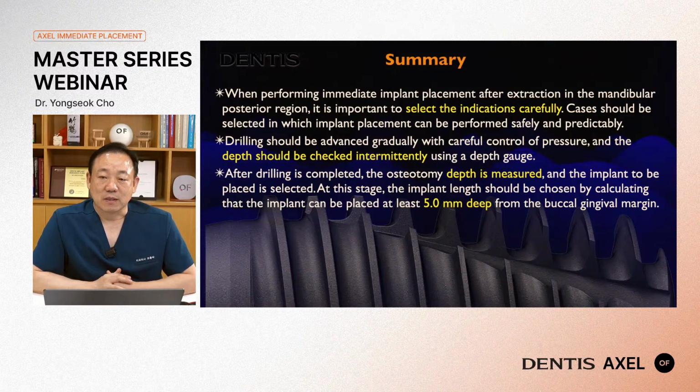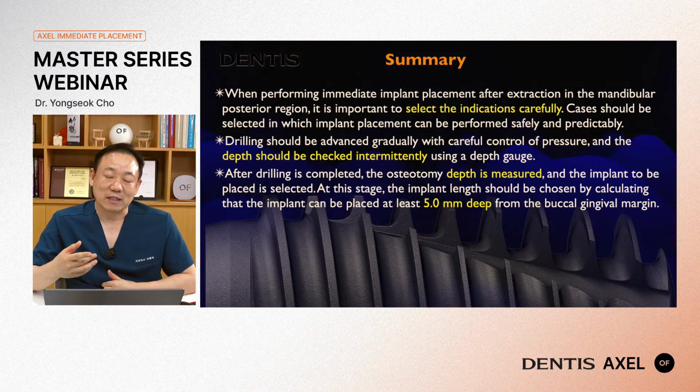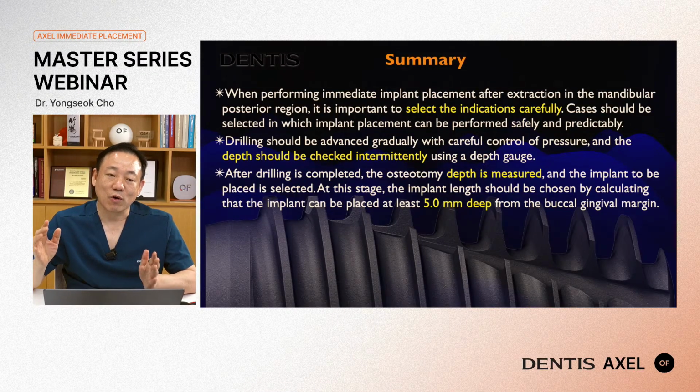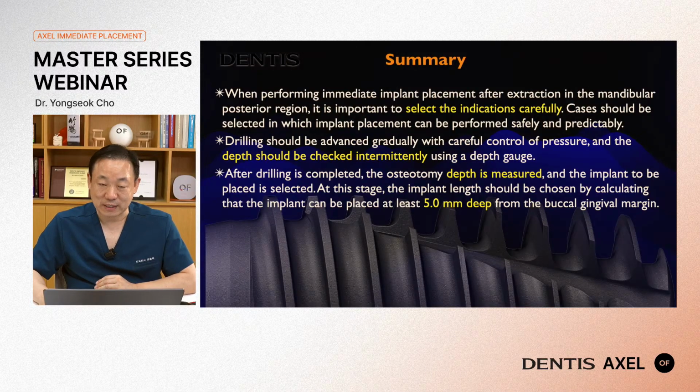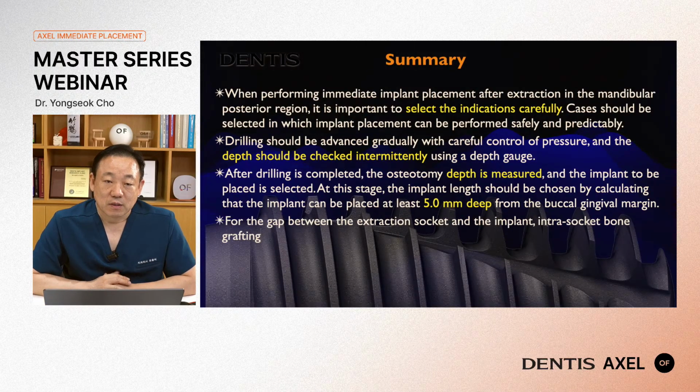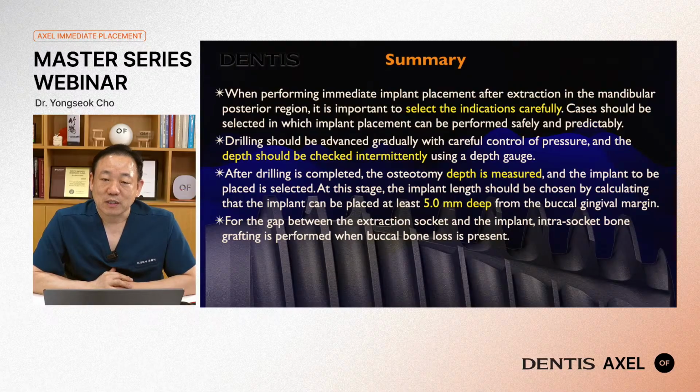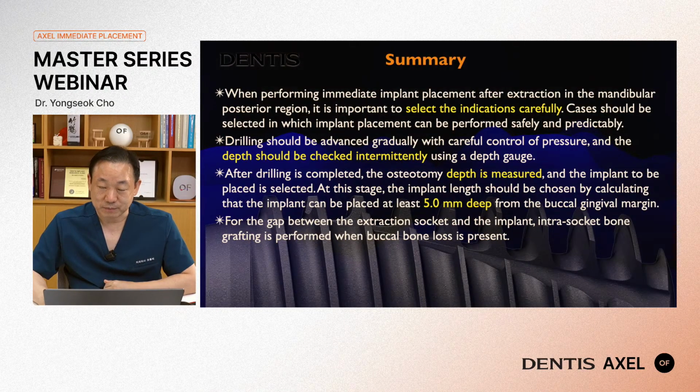So, temporarily, we can imagine how long implant can be placed. However, actually, final decision should be made after measuring depth of your osteotomy site. For the gap between extraction socket and the implant, intrasocket bone grafting is performed when buccal bone loss is present.